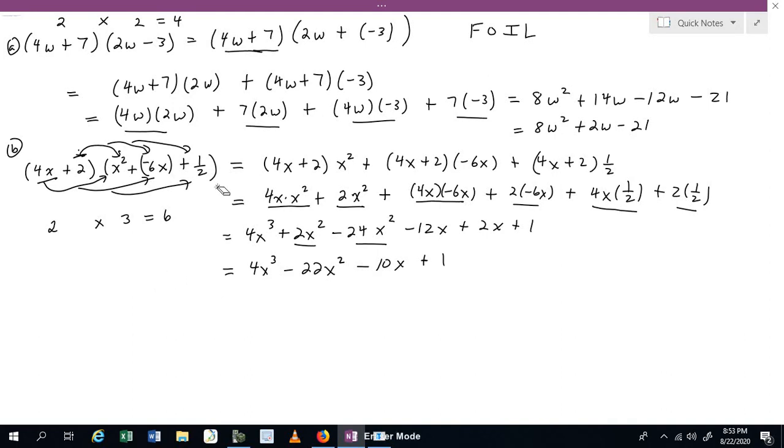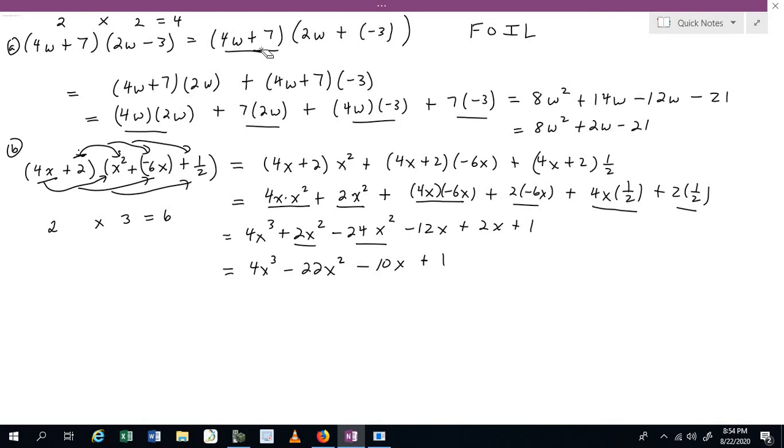Okay? So there's a couple of ways you can think about these, but ultimately, if you don't really know the FOIL method, or if you don't know how to find these 6 terms that I've mentioned here, you can just distribute the 4x plus 2 to each of the 3 terms here, and you'll get the correct answer.